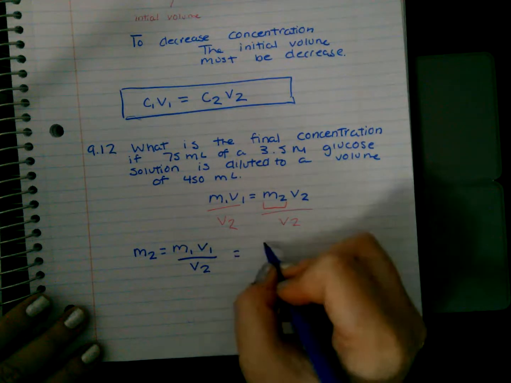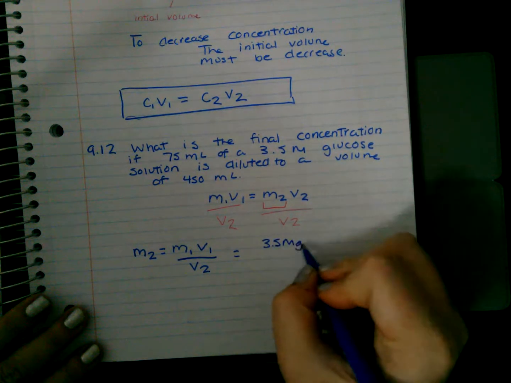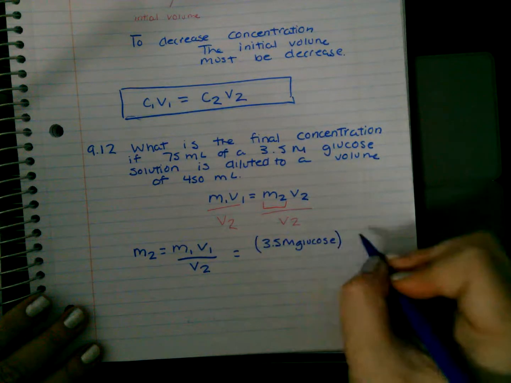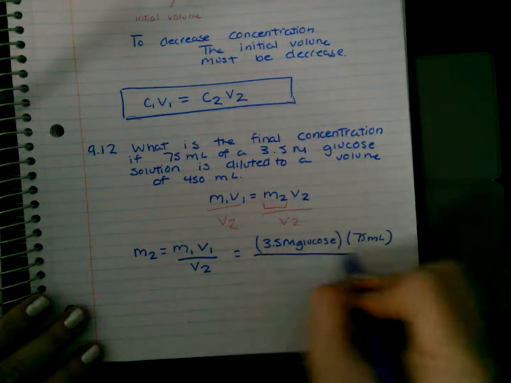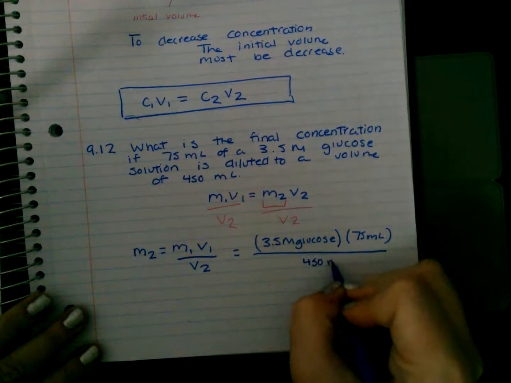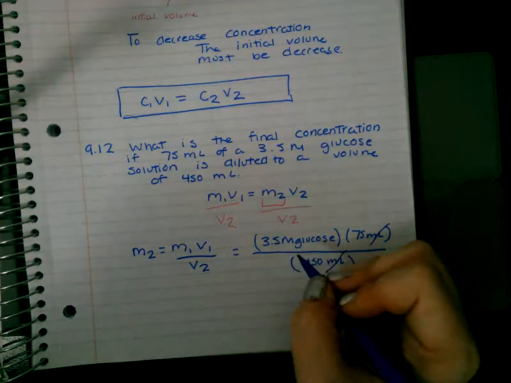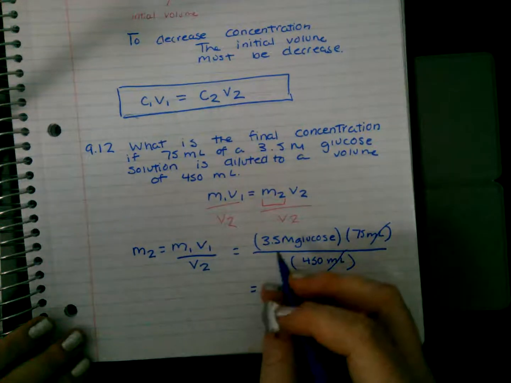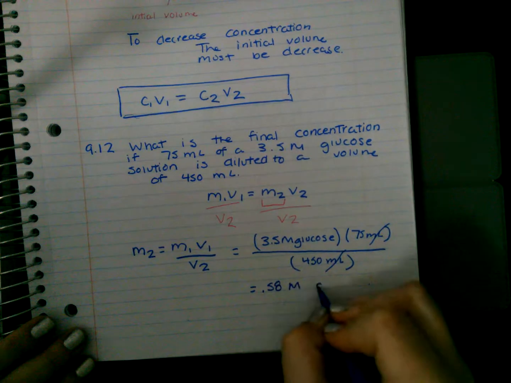So we know that M1 is 3.5 molar glucose, and that V1 is 75 milliliters. And the final volume is going to be 450 milliliters. So milliliters cancels, so we're left with moles per liter. So when you do this math, your answer comes out to be 0.58 molar glucose.